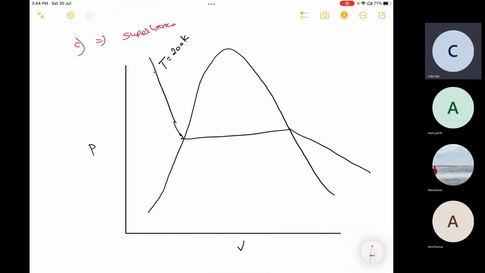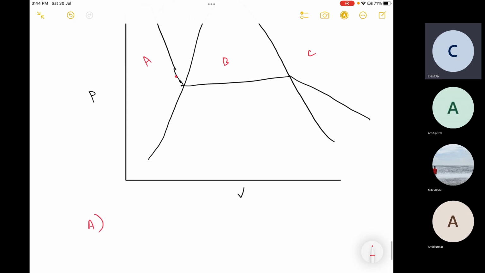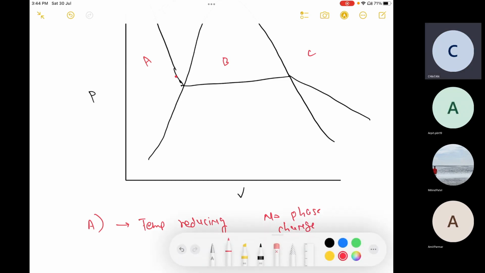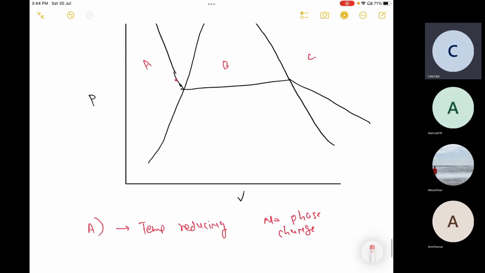While we are reducing the pressure at a constant temperature, let's suppose this is A zone, this is B, and this is C, then in A, pressure we are reducing and no phase change occurs.